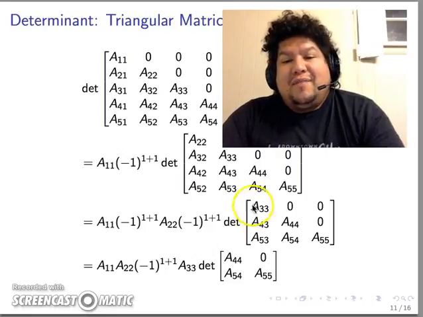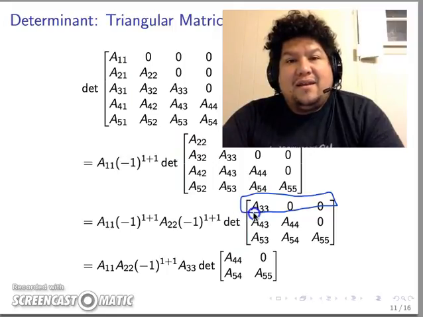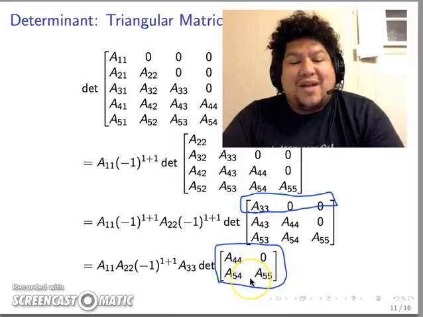By calculating the determinant of this 3x3 by expanding the cofactors along the first row, now we're left with the determinant of this 2x2 lower triangular matrix.